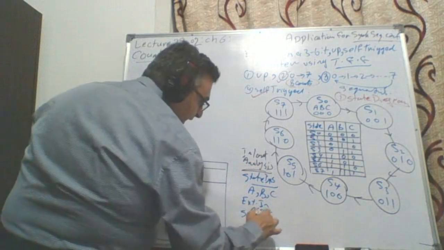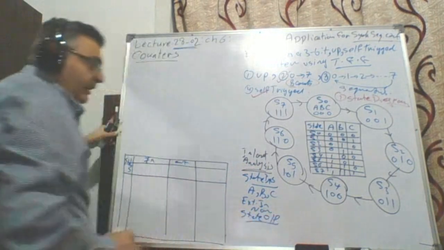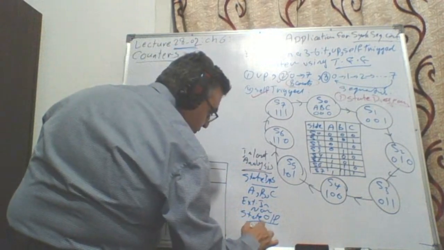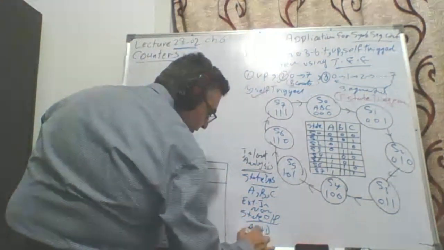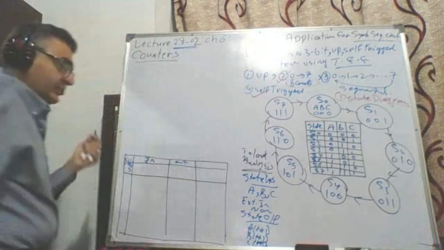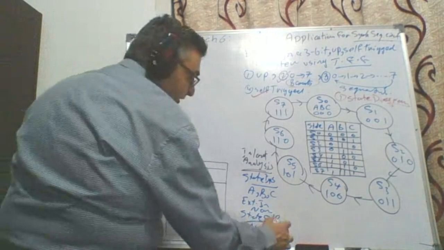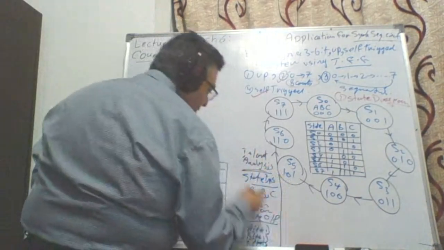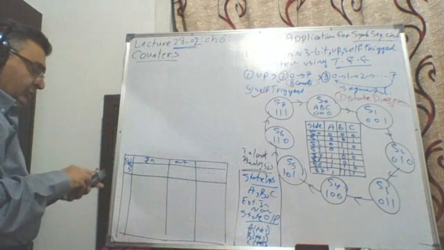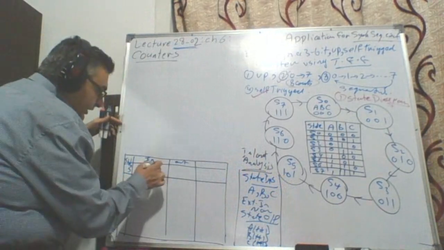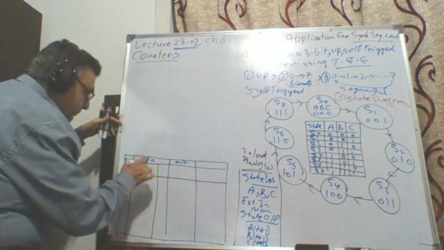State outputs: A of t plus 1, B of t plus 1, C of t plus 1. Do I have any external output? The answer is no. So this is my input-output analysis. Accordingly, how many columns do I have here? I should have 3 columns for the inputs.